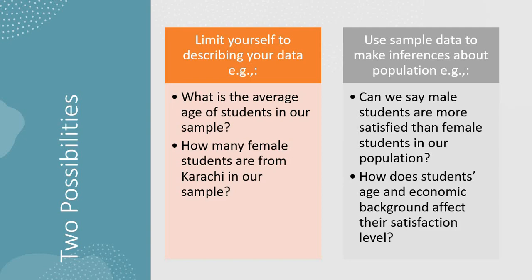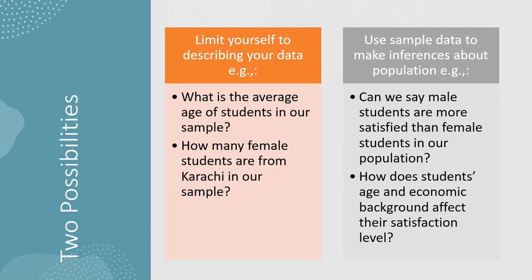For example, you might ask yourself, how many female students are from Karachi in our sample? The important point here is that you are limiting yourself only to describing the data of your sample. You are not going beyond the data you have collected from your sample. However, that is not the point of the analysis. That is not the purpose of statistics.